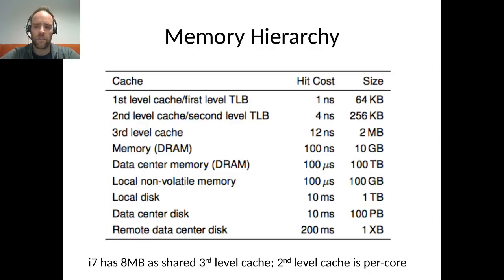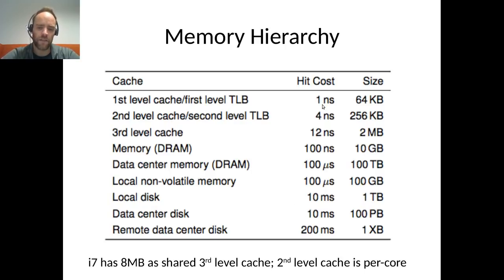A little bit of a look at the speeds and sizes of memories. First level L1 caches or first level TLB can be very fast to access but very small. And as we go down the hierarchy to larger and larger memories, you can see the access times increase.